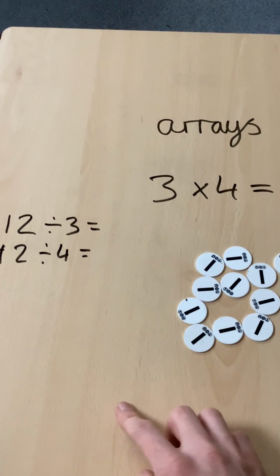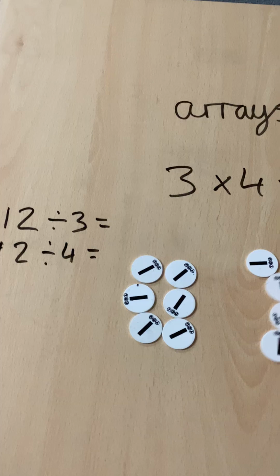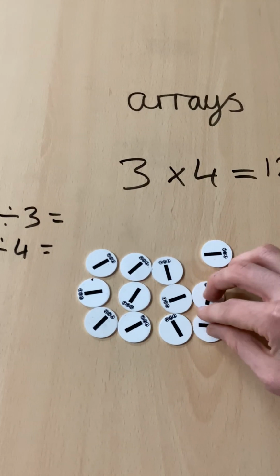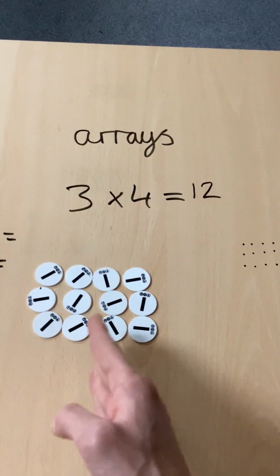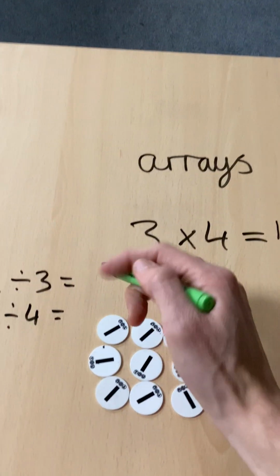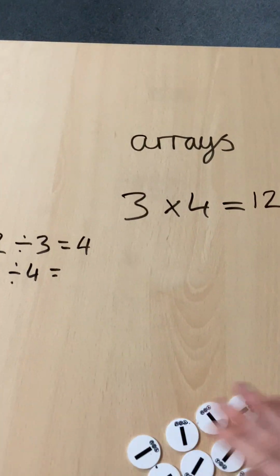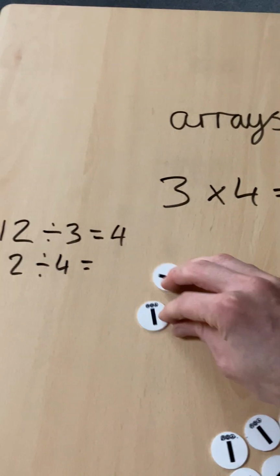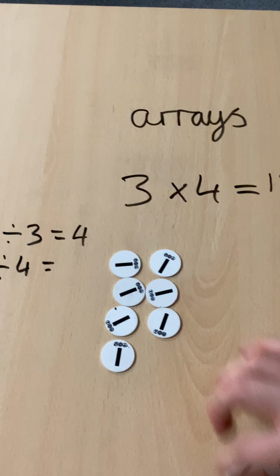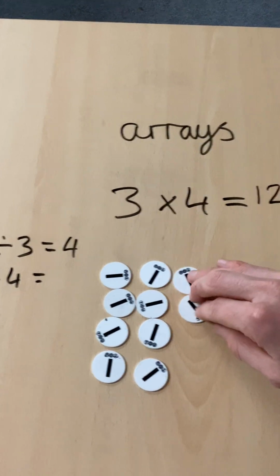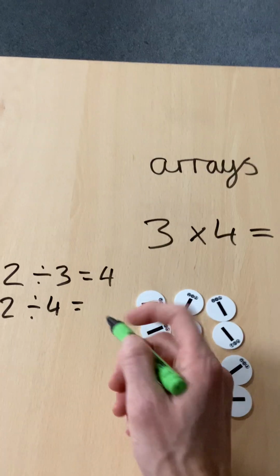If it's divided by 3, then we put them in rows of 3. And we count how many columns we've got. 1, 2, 3, 4. 12 divided by 3 is 4. If it's 12 divided by 4, we can get them in columns of 4. And we can see we've got 3 columns, and that gives us our answer.